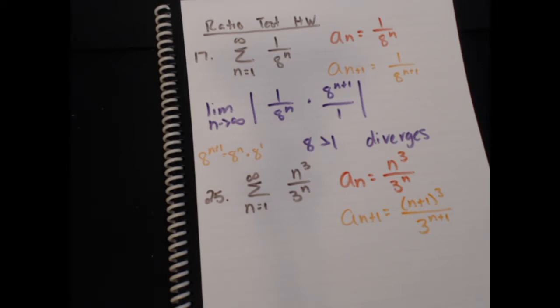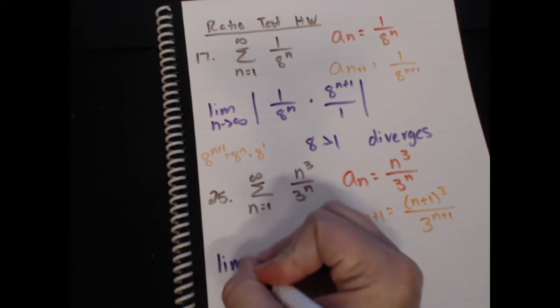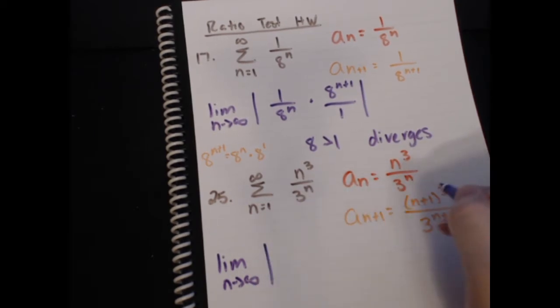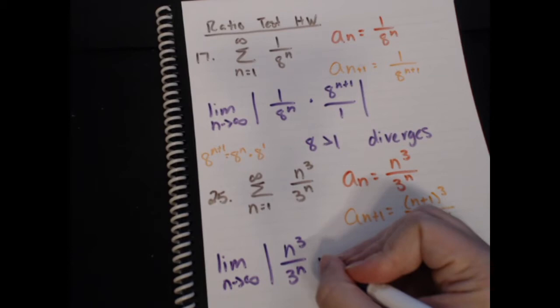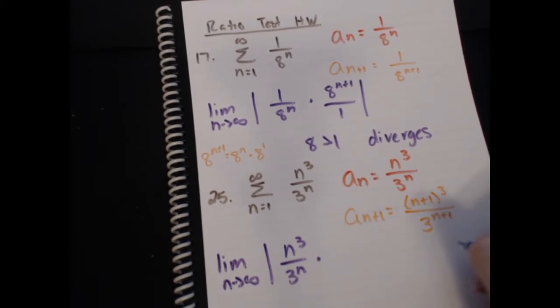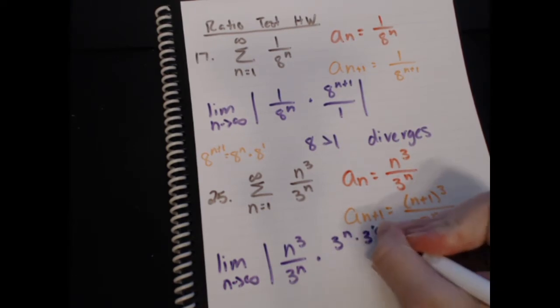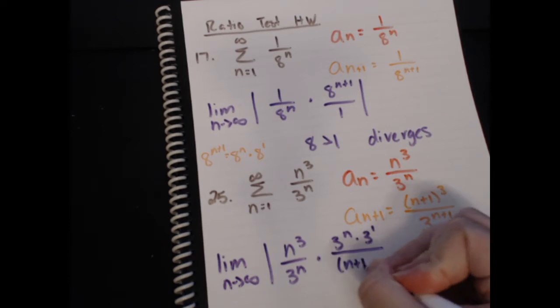So then we go back again, and we look at it as the limit as n approaches infinity of a sub n, so n cubed over 3 to the n, times, we're going to flip this over. I'm going to rewrite this as 3 to the n times 3 to the 1 all over n plus 1 cubed.